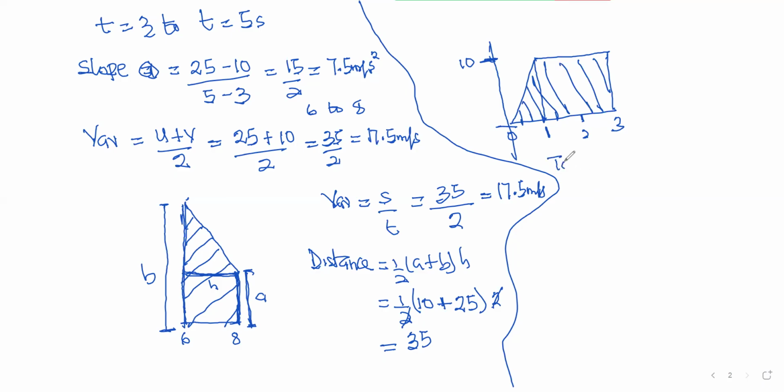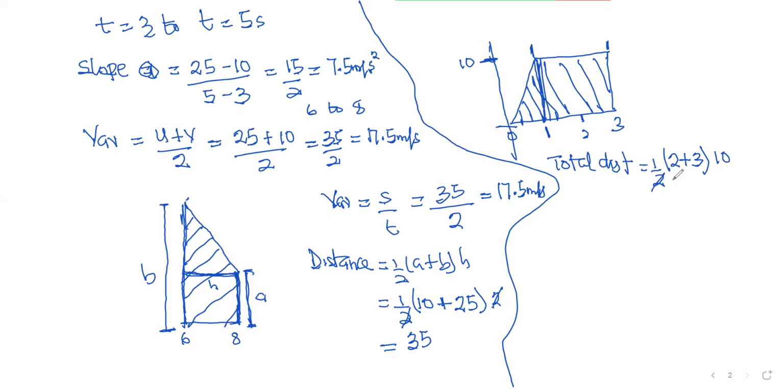So total distance is the area of the trapezium, which is half A plus B times H. Here A is equal to 3 minus 1, 2. B is equal to 3. And H, which is this, is equal to 10.